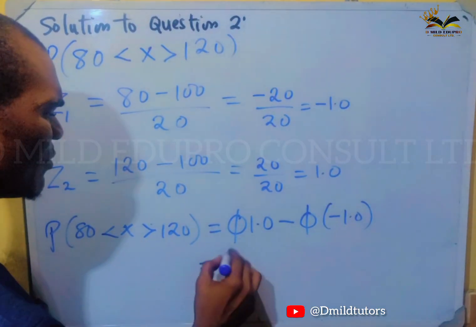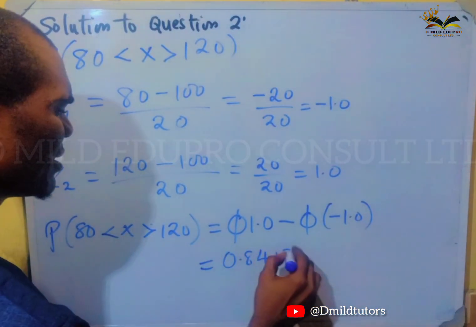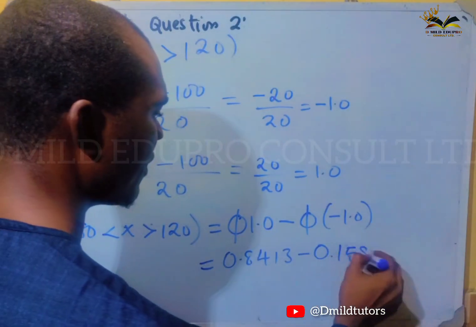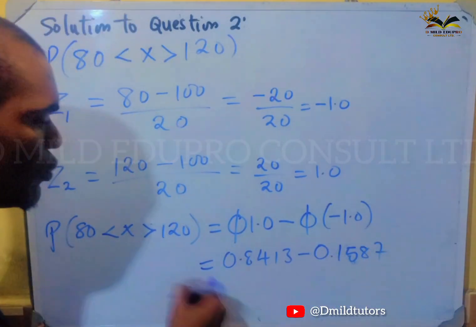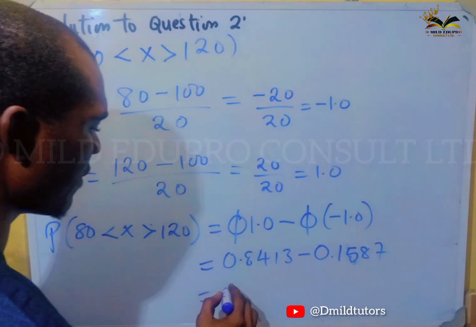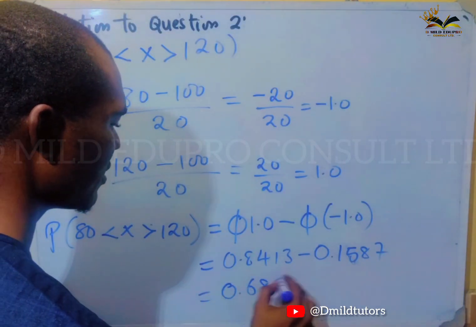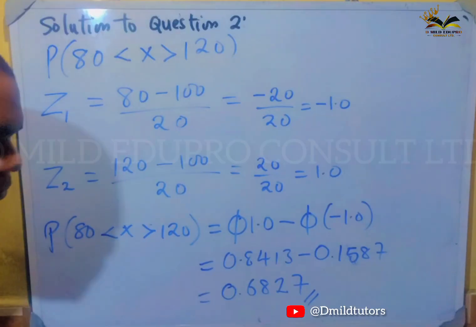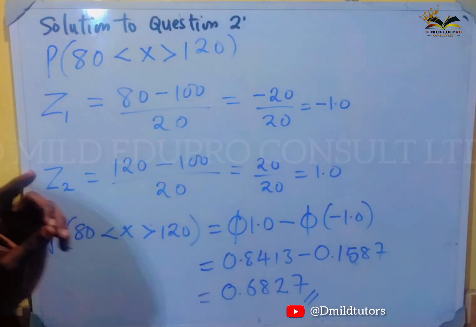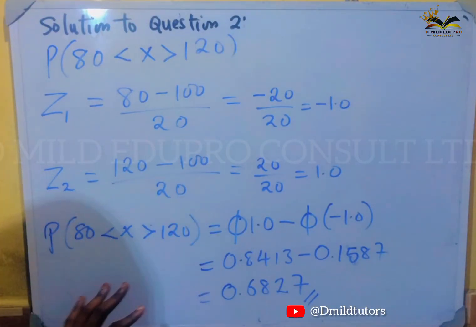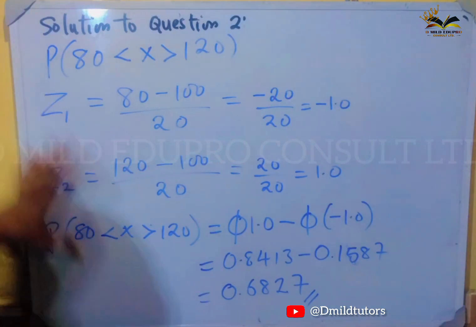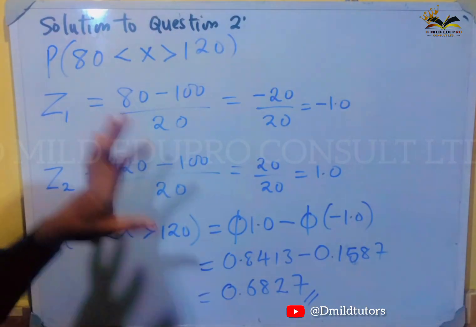If you do that, that will be 0.8413, I guess, minus 0.1587. When you do this subtraction, you're going to have 0.6827. This is the result you get for the B part of question 2. Please take note of this. Remember, it all boils down to the formula as well.